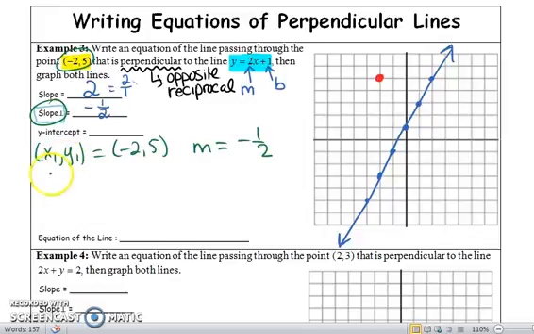So writing that in point-slope form is going to be y minus 5 equals -1/2 times x minus a -2, which becomes a +2. And they ask us for the y-intercept. Again, you can't see what the y-intercept is, although this is a valid equation of the line, so I'm going to go ahead and put it down here.